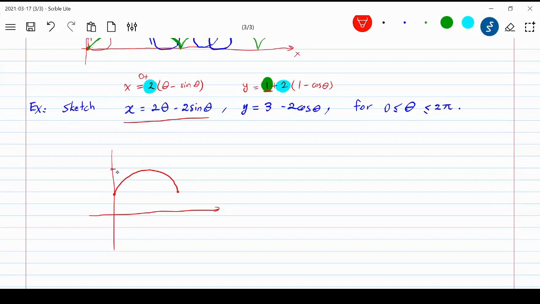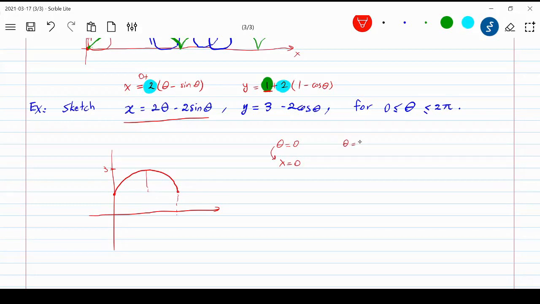That means this height must be 3 at most. And what would be the length here? If you replace theta with 0, you'd get x equal to 0.